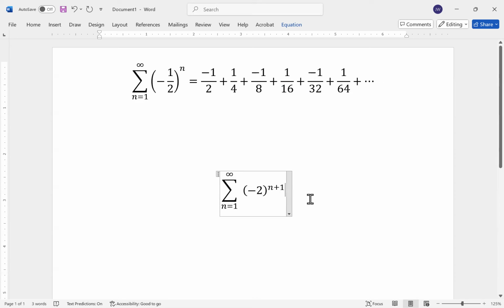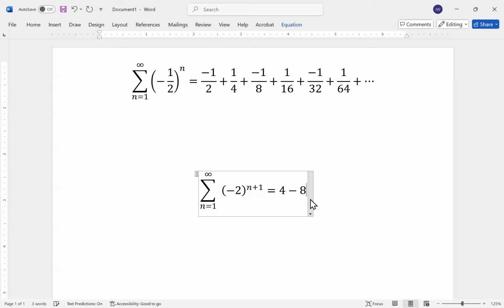The same thing would happen with (-2) to the n plus 1 power. In this case, when I plug in a 1, I get (-2) to the n plus 1. That gives me a positive 4 to start out with. And then I would get a -8. When I plug in 2, my power would be 3.